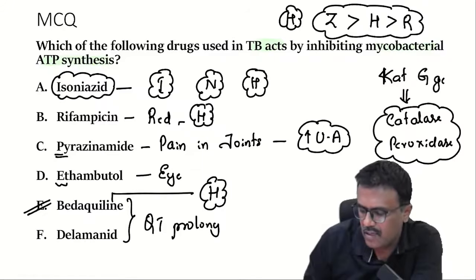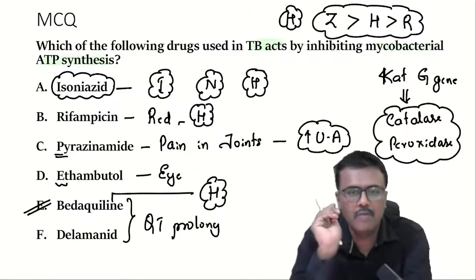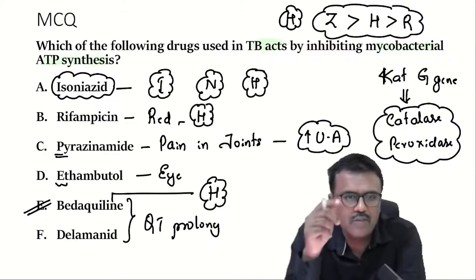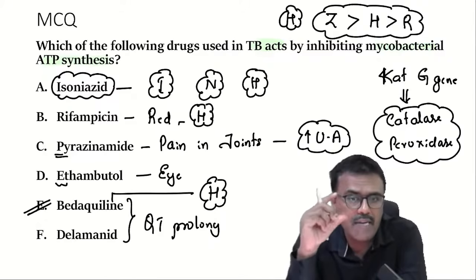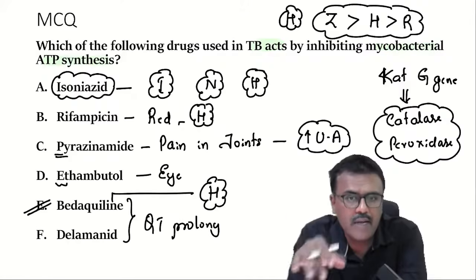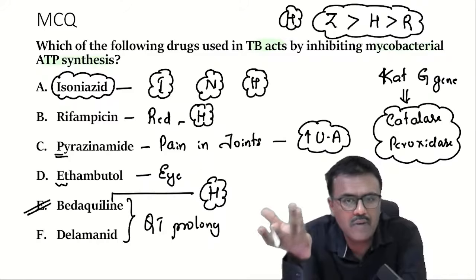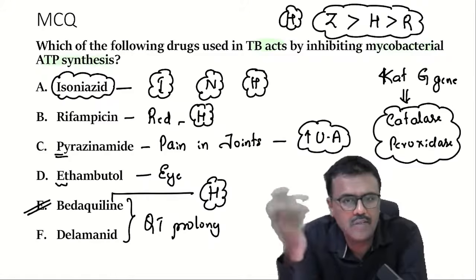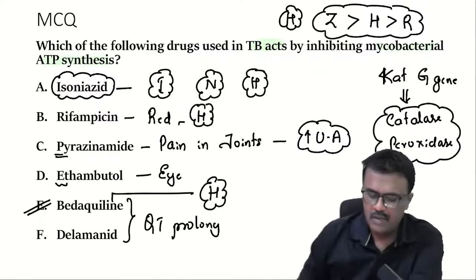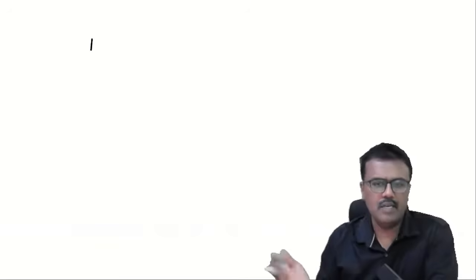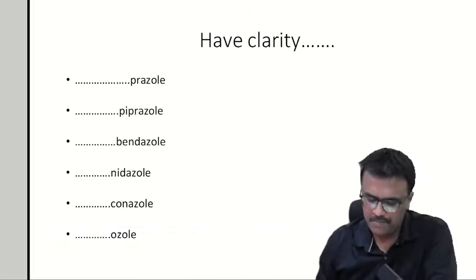So there is a gene in the bacteria which will produce catalase peroxidase, so isoniazid will become active. So the bacteria is intelligent, it has to survive. So it will mutate the KatG gene. So catalase peroxidase is not produced and isoniazid will not work. So this is the point. Then coming to the definitions of MDR-TB, XDR-TB, you will study in community medicine.